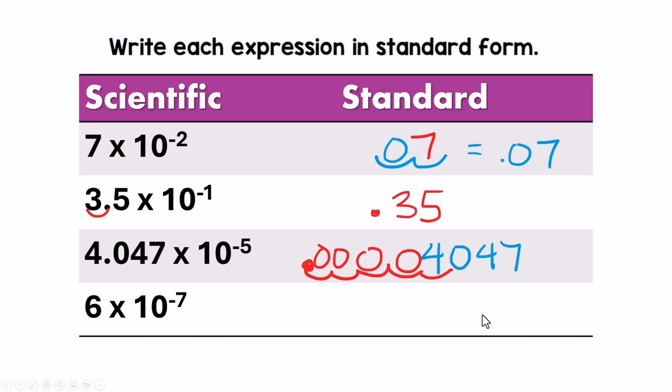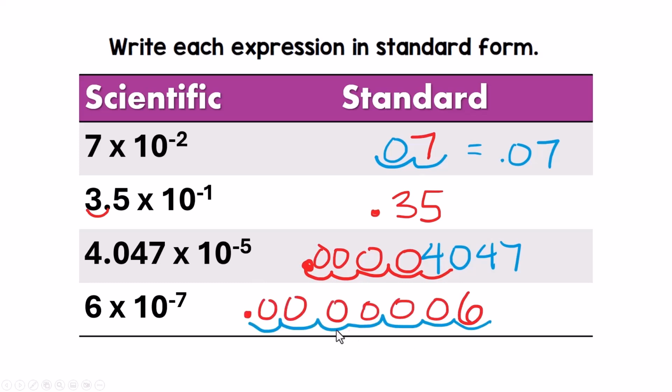Same thing here. I'm going to start with a 6, do my loopy loopies until I get all the zeros I have to have, and that would be that number.